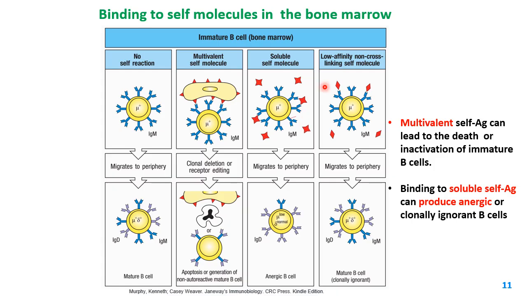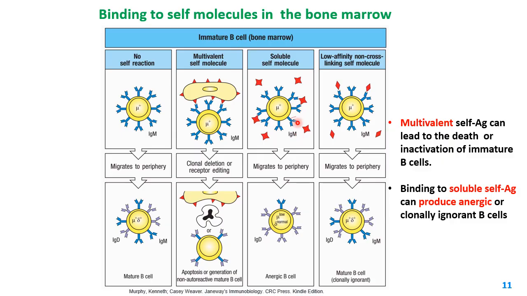All right, so 2 things are possible here with soluble self-antigens. You are going to have a B cell that is not dying and not activated.